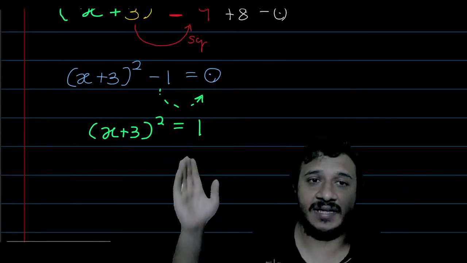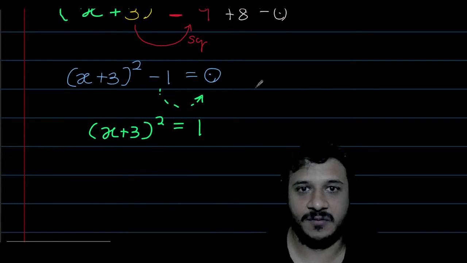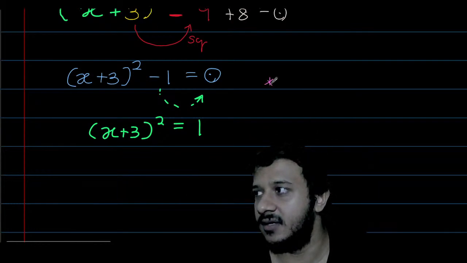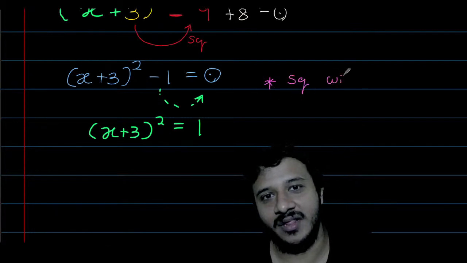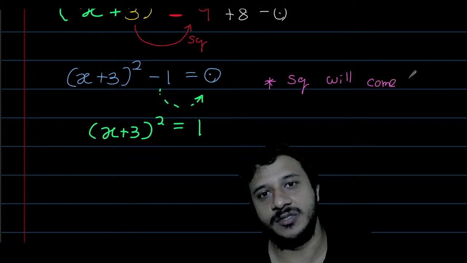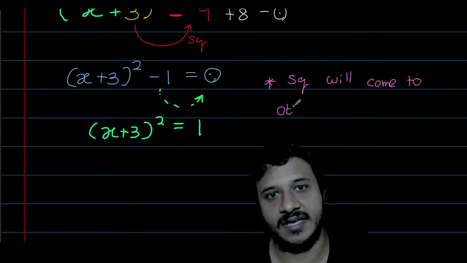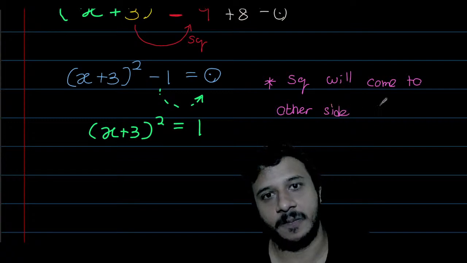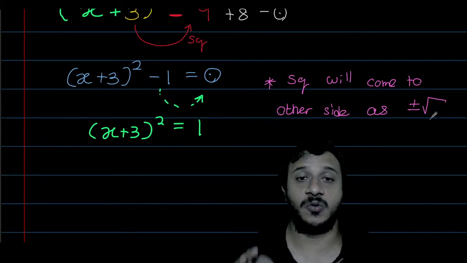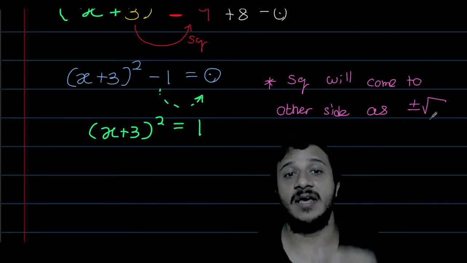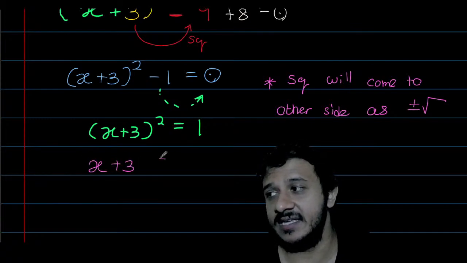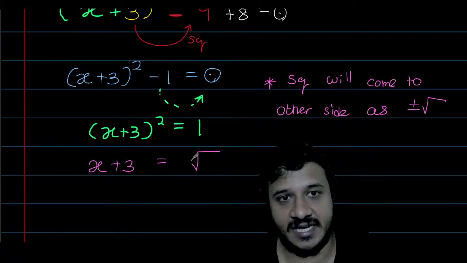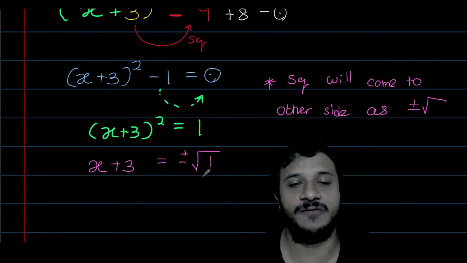And then the square, remember, very important, star mark we can put on it: the square will come to the other side as a plus or minus square root. So then we will get x plus 3 is equal to what? A plus or minus square root of 1.